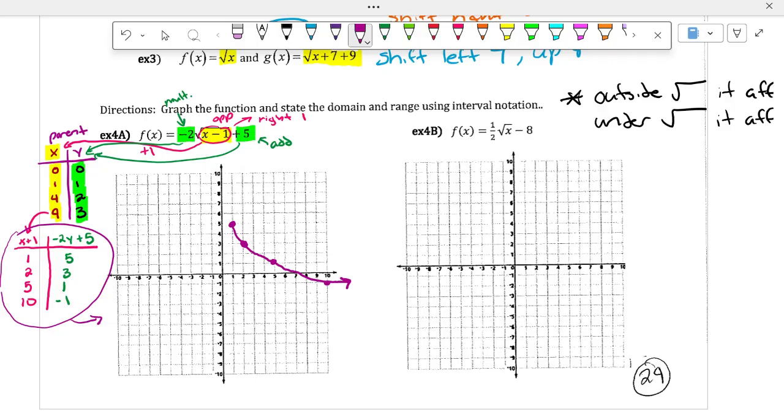So use the Desmos method to graph the next one on your own. And I want nice y values. So when you get your table in Desmos, I want you to write the table that you actually graphed on your paper. I want to see your T-chart of the points that you actually use from Desmos.